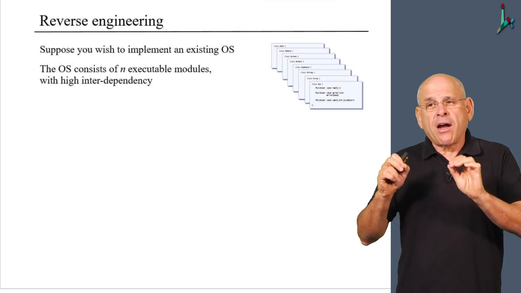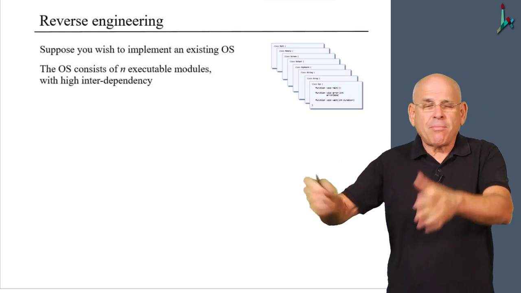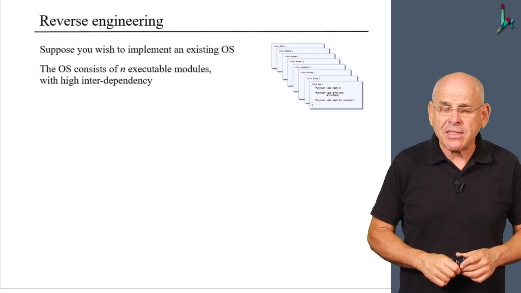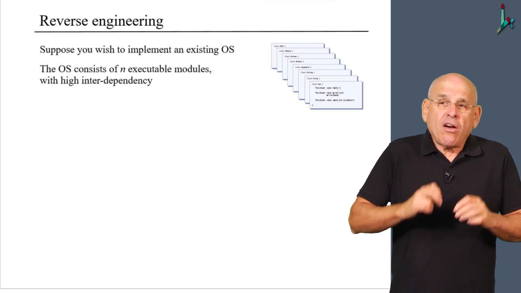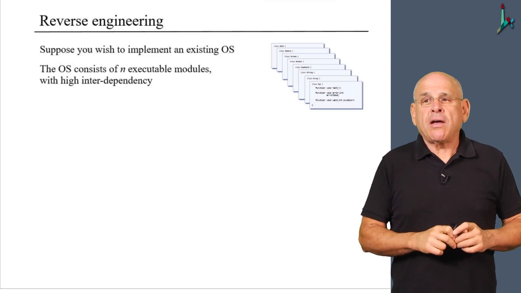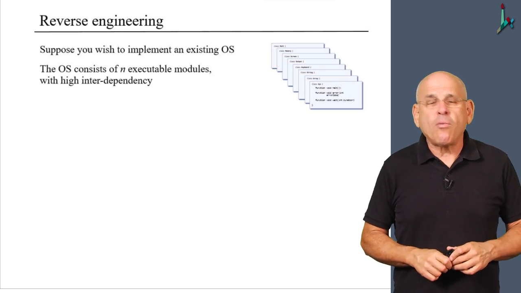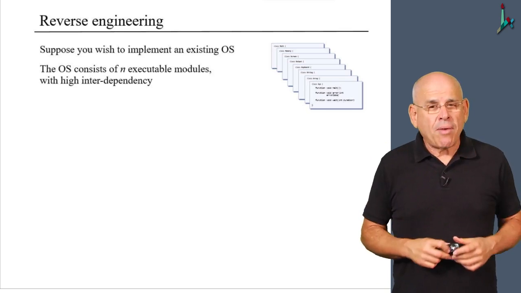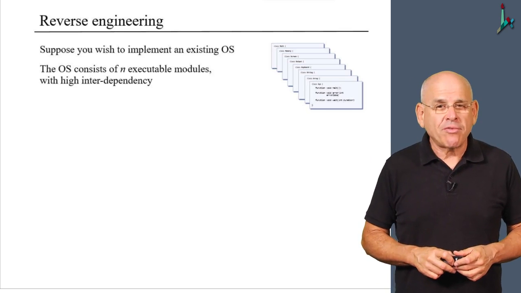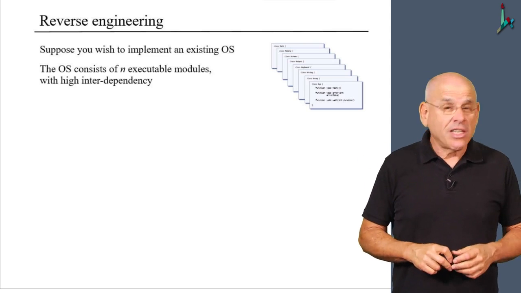These modules are standalone classes, for example, in some language like Java or C++. They are executable, so you don't have the source code. And they also interact with each other intensively, as often happens in a complex program like an operating system. How would you go about writing this software from scratch? After all, you don't have the source code, you have only the executables.